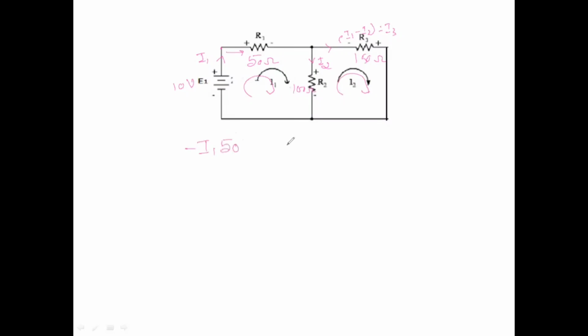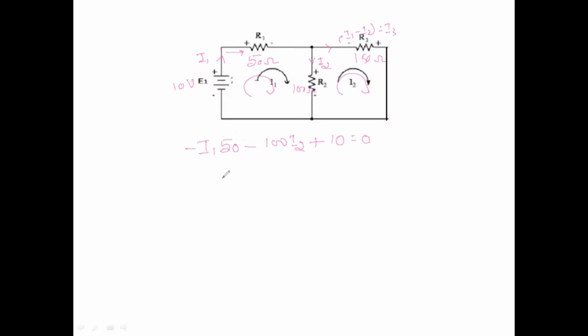So this will become minus 50 I1. Similarly, the current flowing through the second one is I2, and it is negative, because both are in the same direction. So minus 100 into I2 is flowing, and when it is moving from minus to plus, it is plus 10 volts we are applying, that is equal to 0.